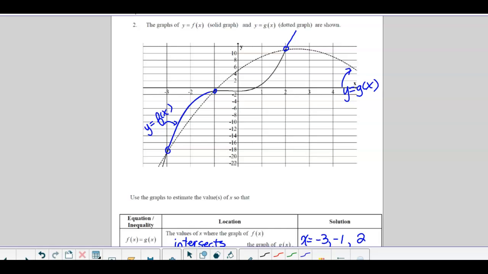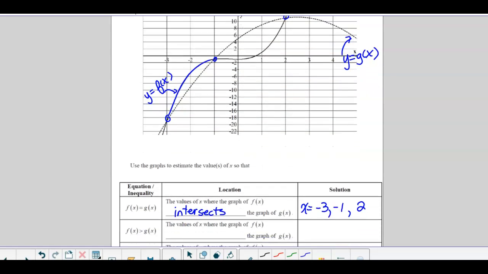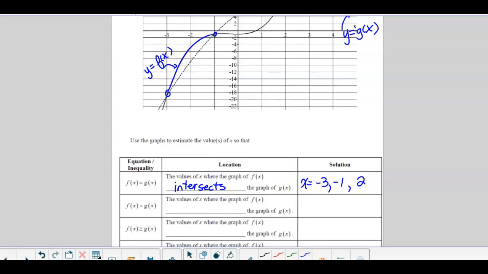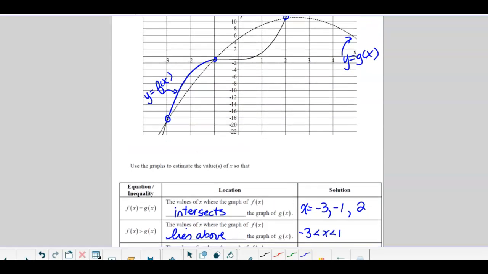Here, for any x value, the solid line is above. So the graph of f of x lies above the graph of g of x. So for what x values? So that's between -3 and 1. And then greater than 2.